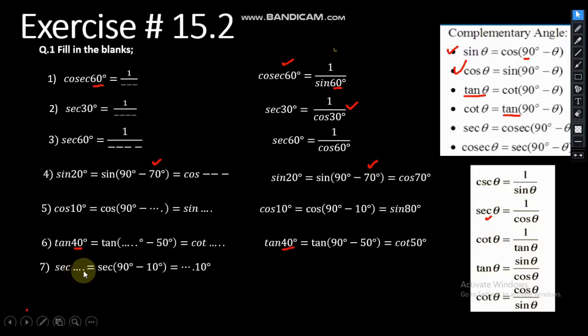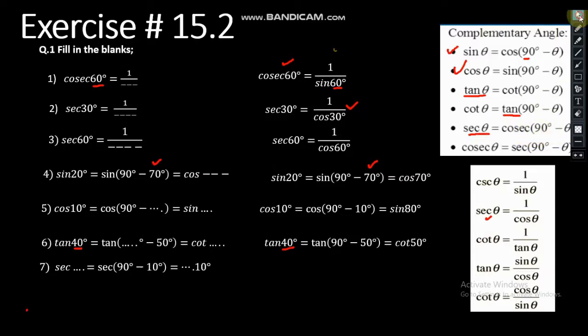Sec dash is equal to sec of 90 degree minus 10 degree, equal to dash. We use this formula: sec theta is equal to cosec of 90 degree minus theta.